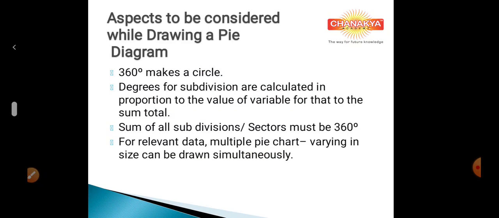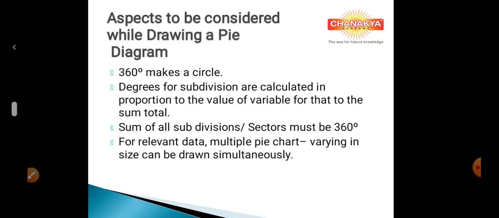Degrees for subdivisions or variables are calculated in proportion of the value of the variable to the sum total. I repeat, when we are calculating the degree for a particular variable or subdivision, it is calculated in the proportion of the value of the variable to that of the sum total.